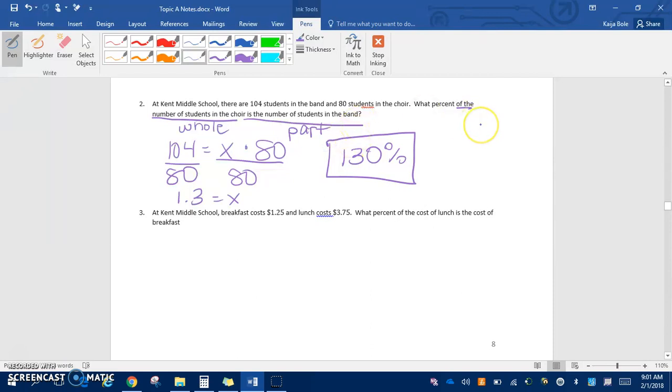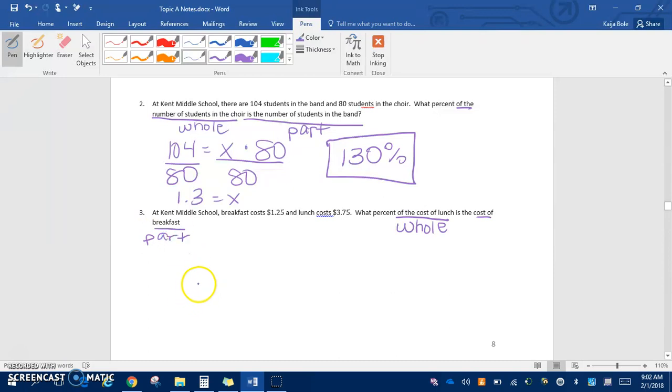And then our last one here, at Kent Middle School, breakfast costs $1.25 and lunch costs $3.75. What percent of the cost of lunch is the cost of breakfast? So lunch is our whole. Breakfast is our part.